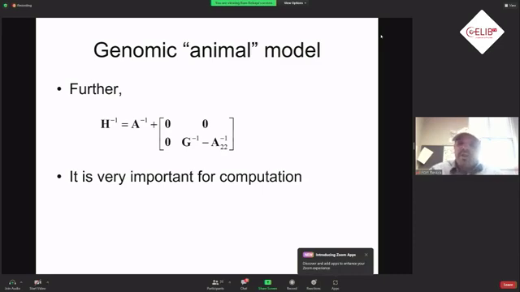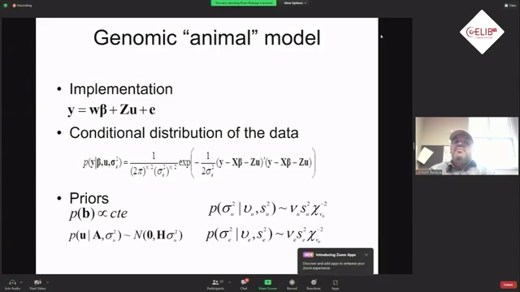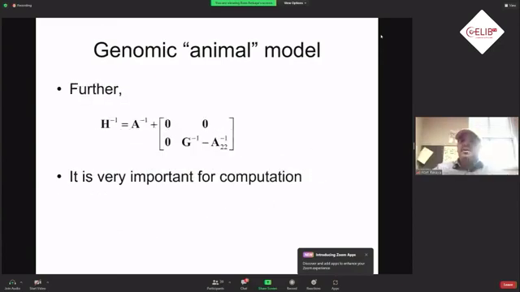Okay, so now we're going to have a model, and from here on you can even stop thinking about anything else I will talk about. If you remember Henderson's mixed model equations, the general ones, you can take those same equations, go to that model, and every time you find A minus 1, you replace it by H minus 1, and suddenly you become a genomicist.